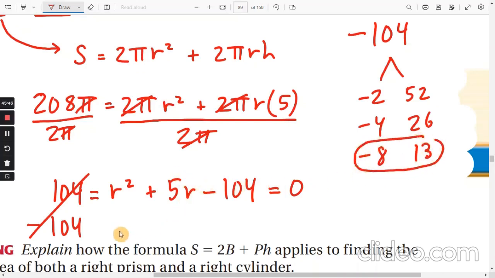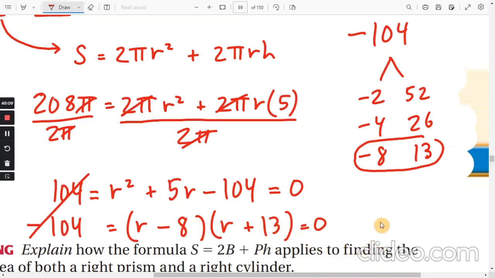So I can rewrite this. Since we have r squared, it's going to be r times r, and I'm going to use negative 8 and 13 instead of 5. Negative 8 and positive 13. And that equals 0. Okay? So negative 8 times 13 is negative 104.